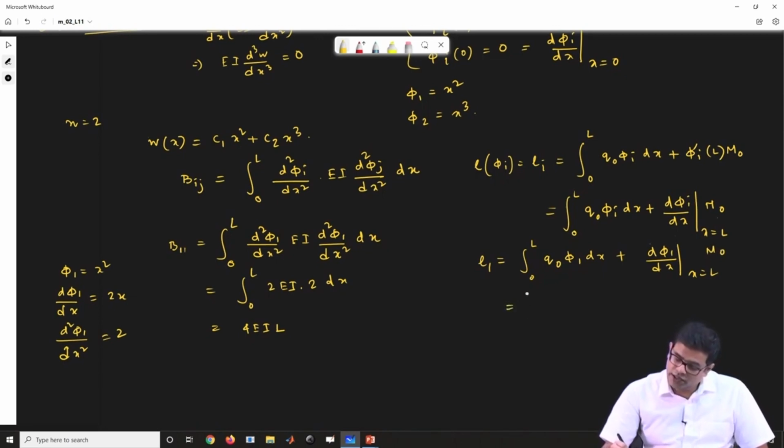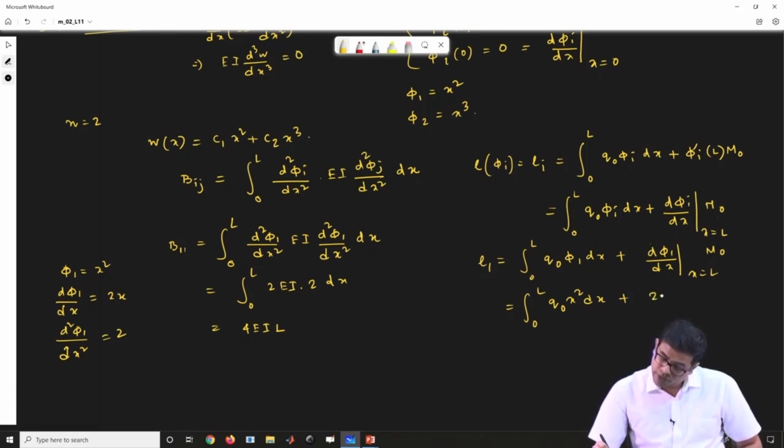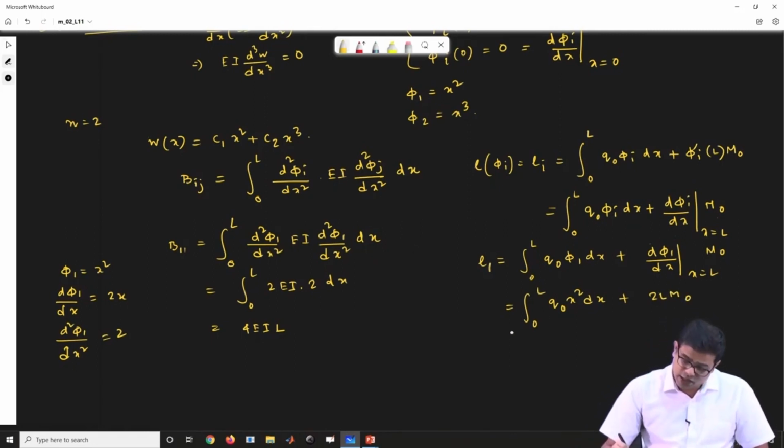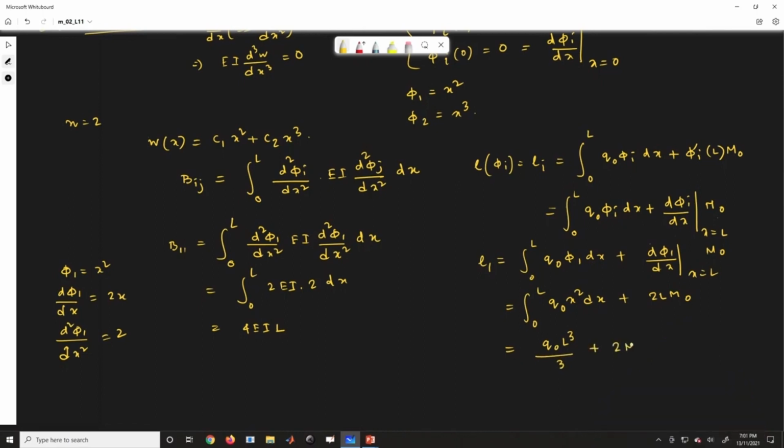So this is nothing but integral 0 to L Q0 x square dx plus d phi 1 by dx, which is essentially your 2x, so 2L into M0. Now this term I can evaluate. So if I evaluate this term, this is nothing but Q0 L cube by 3 plus 2 M0 L.